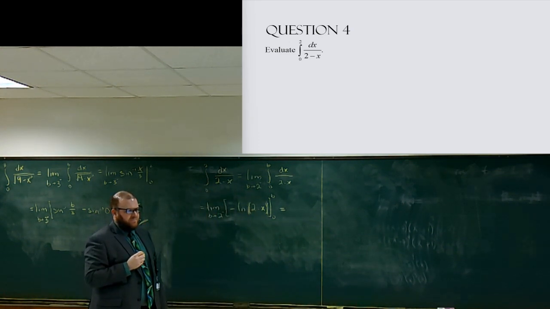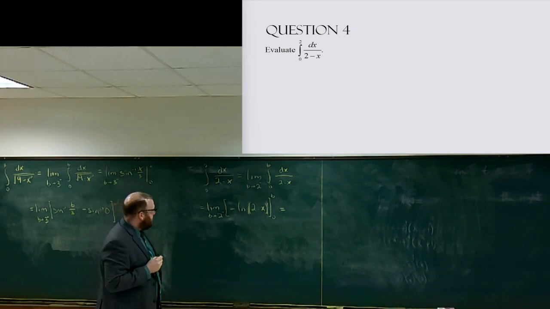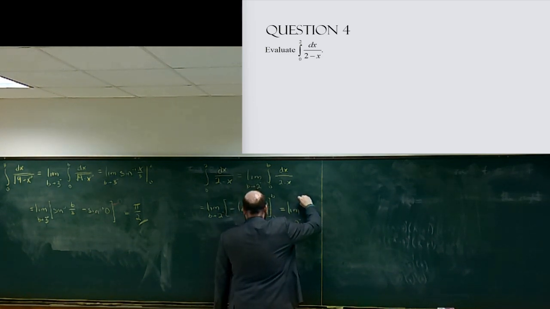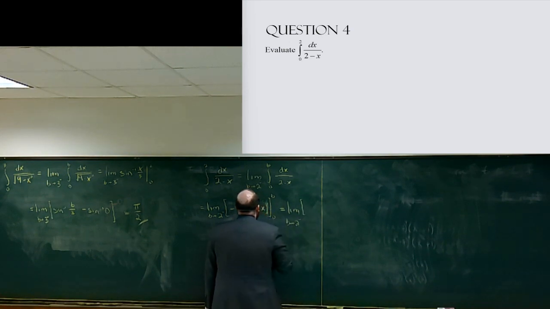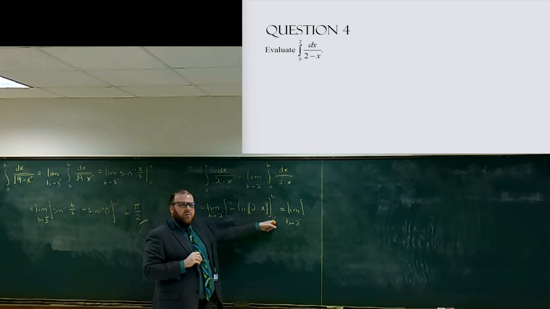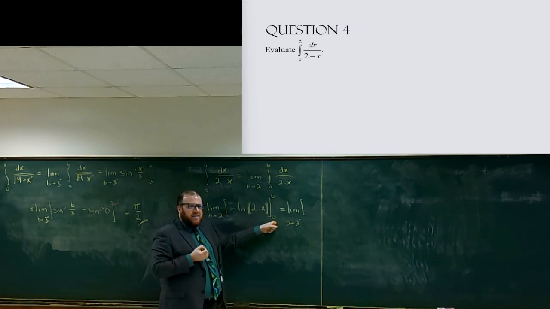Is that going to be negative 1? Do you believe as x approaches 2? So since this is negative, I'm going to do 0 first. I'm going to flip the order. Otherwise, it's going to be negative this minus negative at this, which becomes positive.